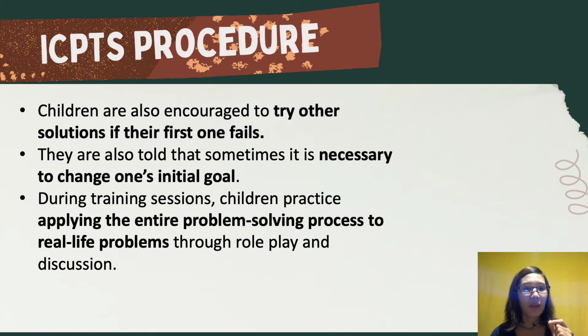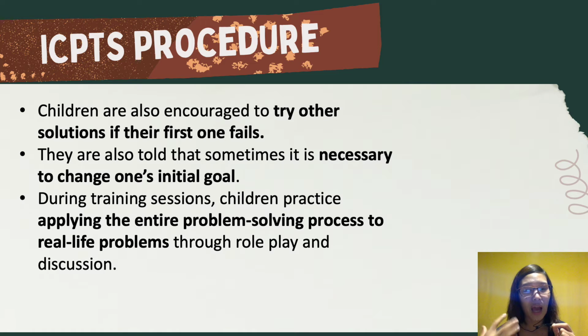Children are also encouraged to try other solutions if their first one fails. So that is okay. We have to tell our children that if the first solution they thought of fails, they can try another solution.